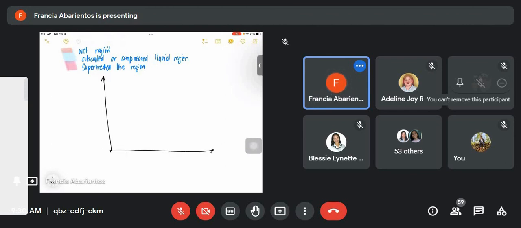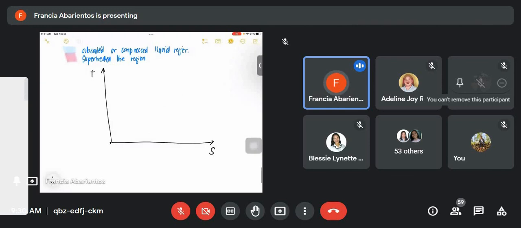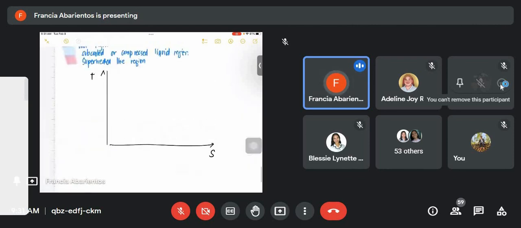Sa TS diagram naman class, dapat alam niyo to class. Kasi parehas lang yan class. So, this is now the TS diagram.